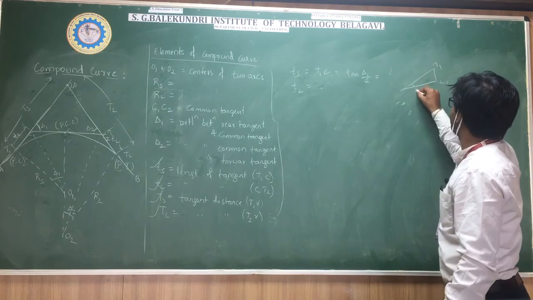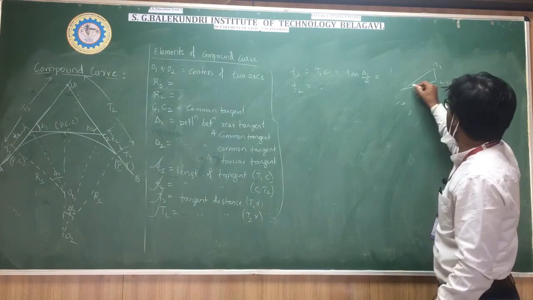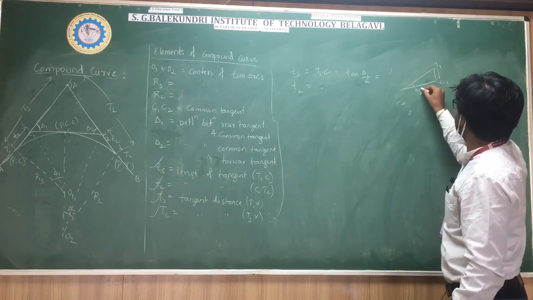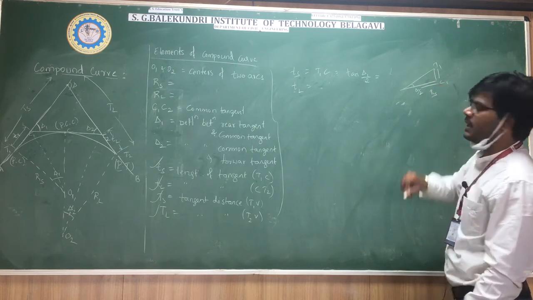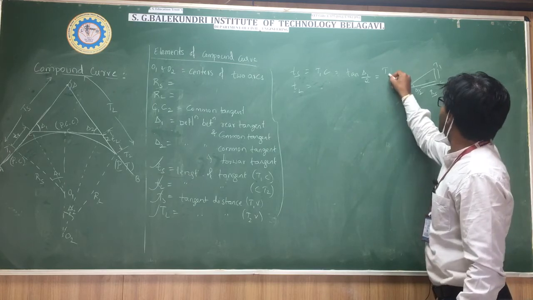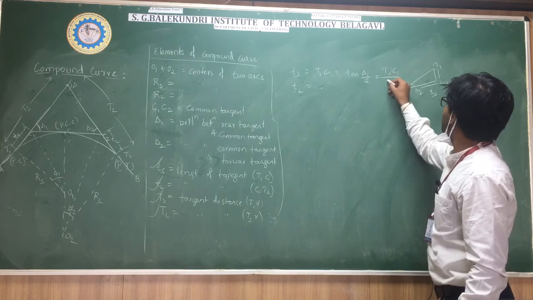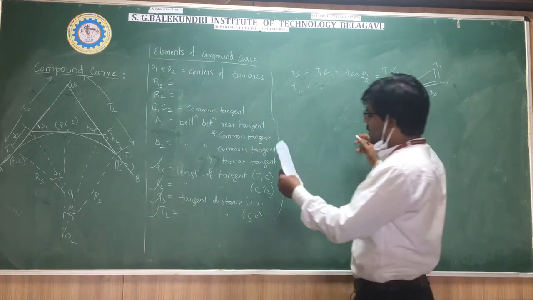If I apply tan theta here, tan theta will be T1C divided by this. This will be here radius. So, the tan delta 1 by 2 will be T1 C1 divided by RS.